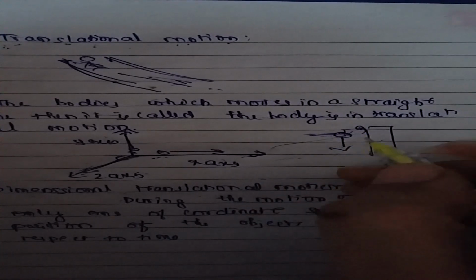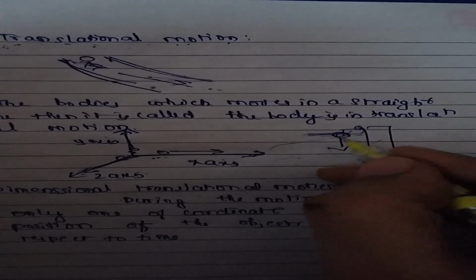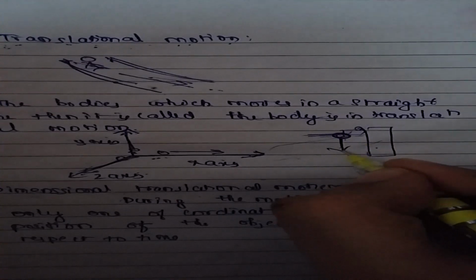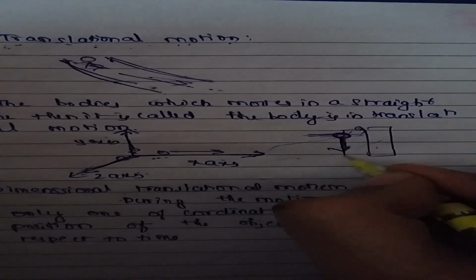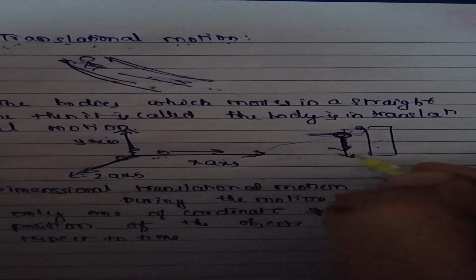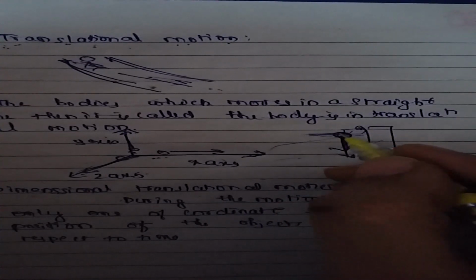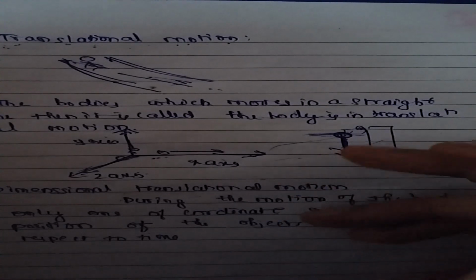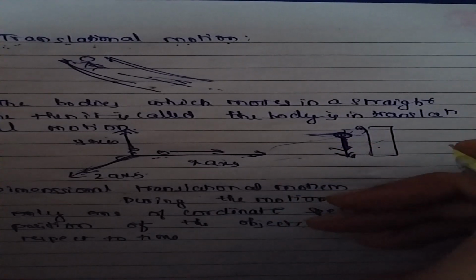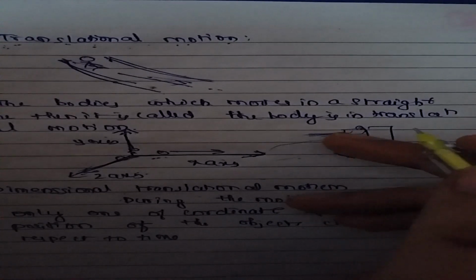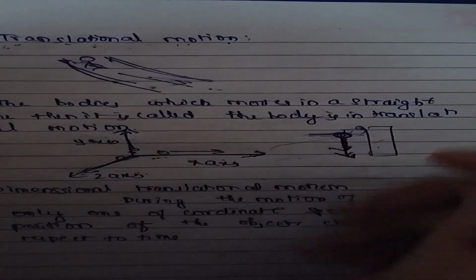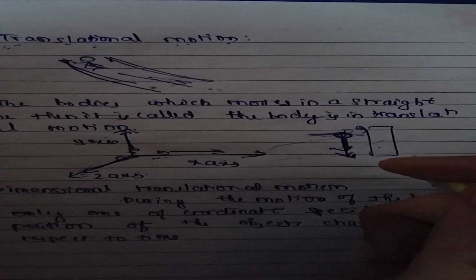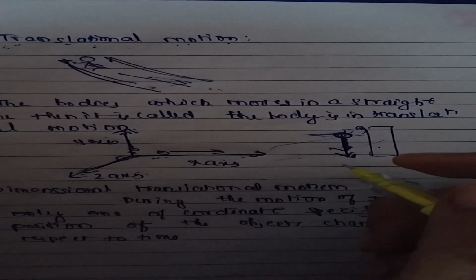If there is no airflow or any air disturbance, your object moves straight down. So this kind of motion is called one dimensional translational motion, because it needs only one axis to define the object's motion.